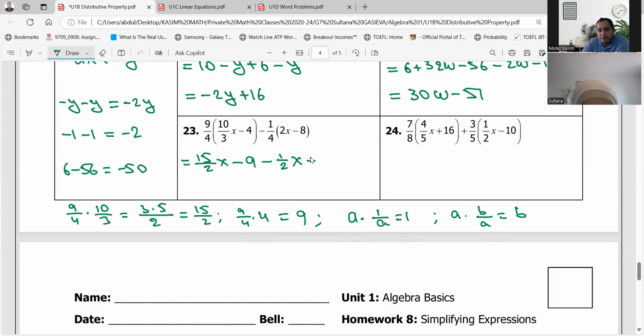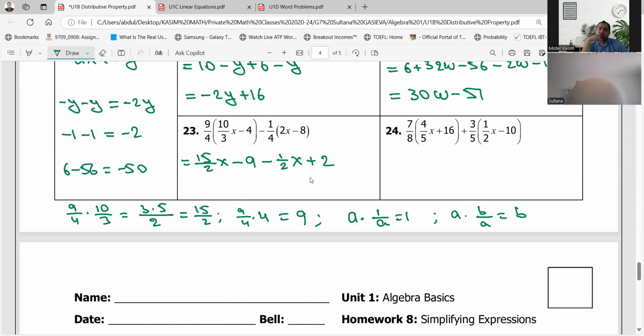Negative, negative is positive. 1/4 of 8 is just 2. Wait, could you explain that? What is 1/4 of 8? 2.